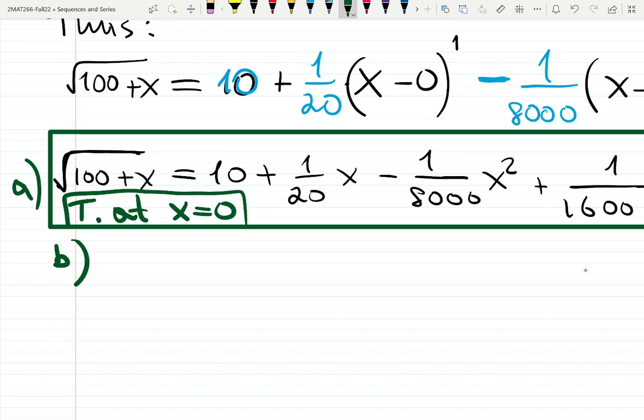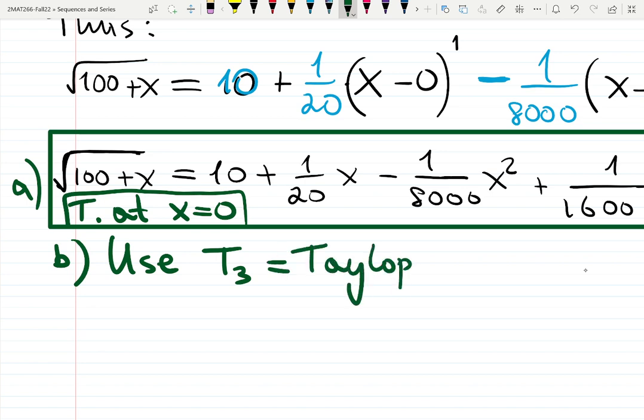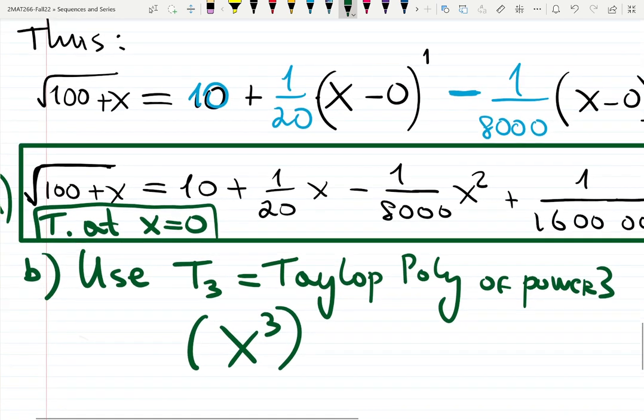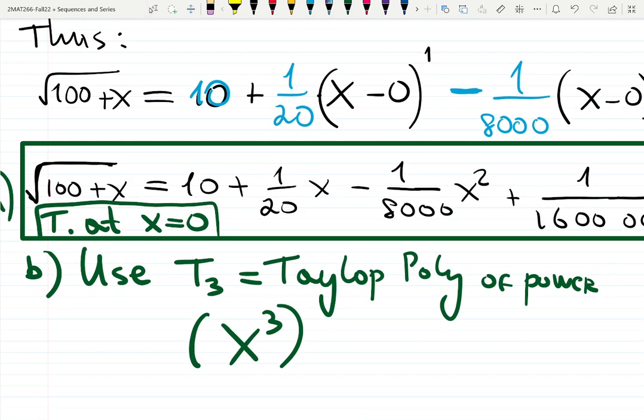Now they say B, use T sub 3, which is a Taylor polynomial of power 3, x to the cube, whatever has the third power. In some books they call it P3. I usually like calling it T3 because it's Taylor, but they call it P3 because it's polynomial.